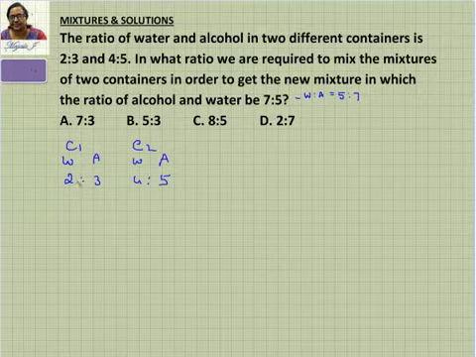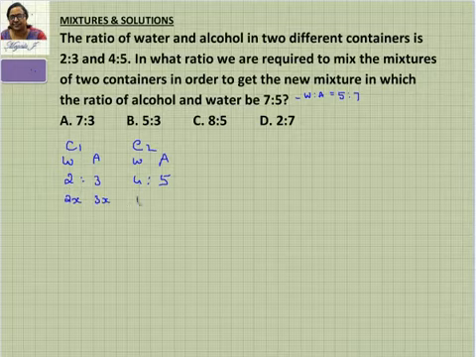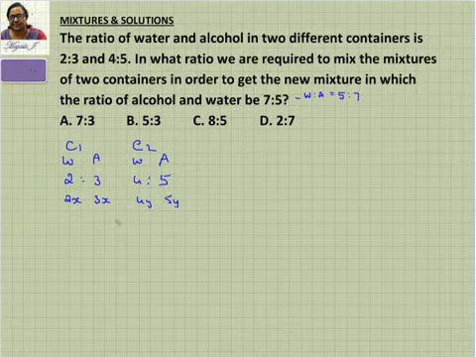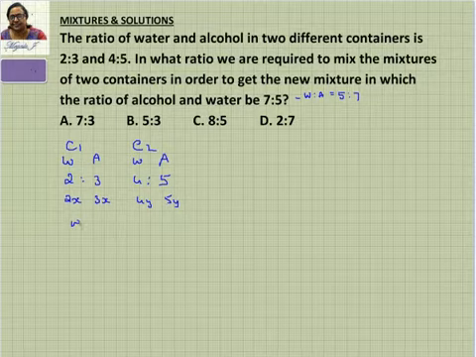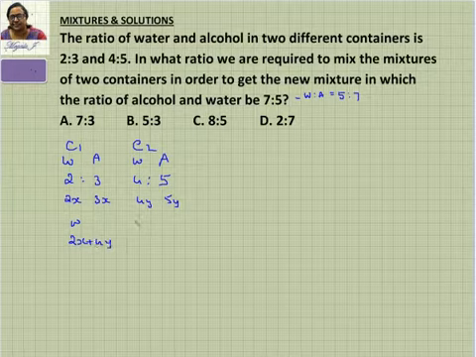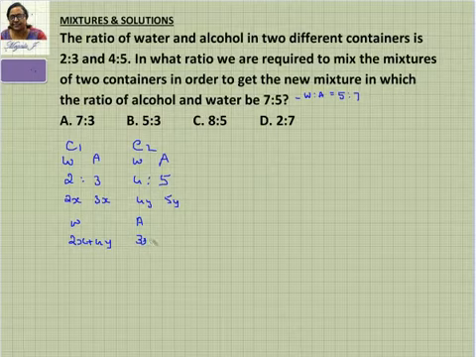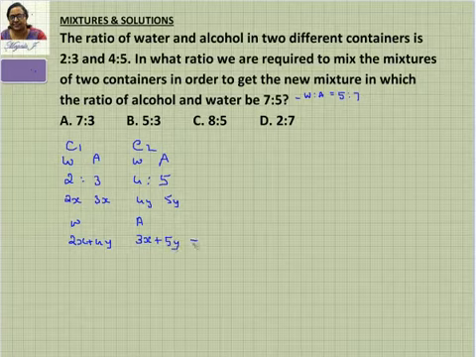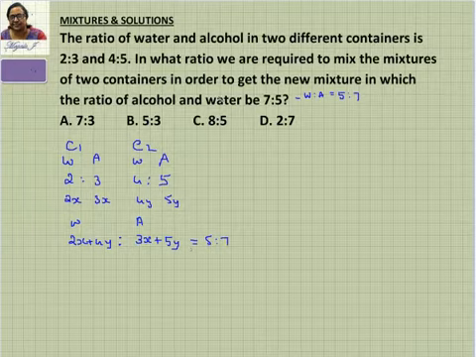Again, converting this in terms of quantity, this is going to be 2x, this is 3x, this is 4y, and this is 5y. Once you mix them, the waters will be added. That is, the water part is now 2x plus 4y, and the alcohol part is 3x plus 5y. The new ratio of these two is given as 5:7, water to alcohol.